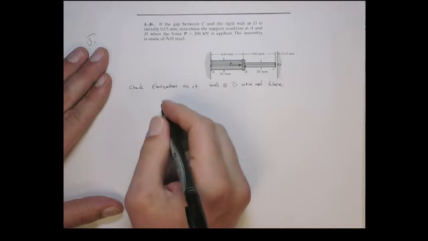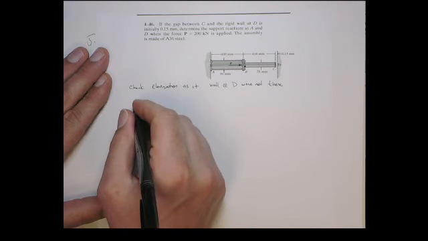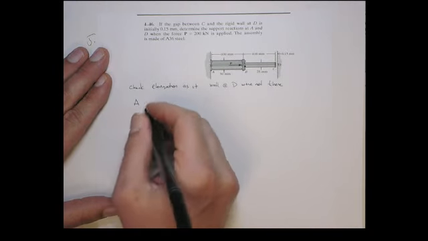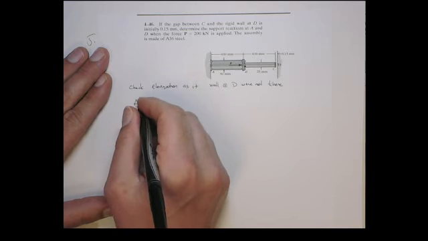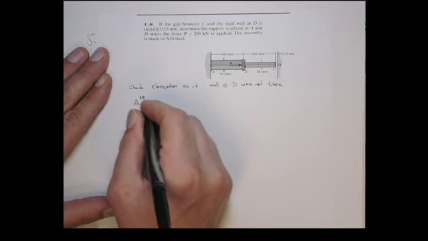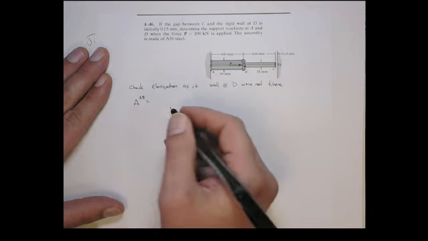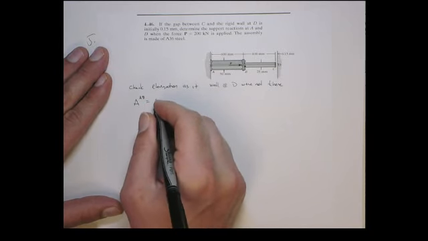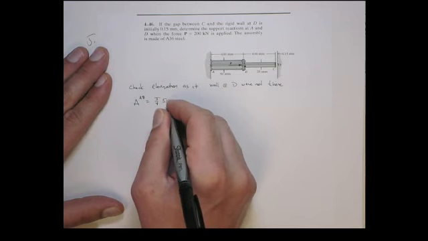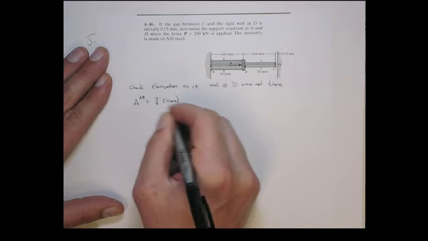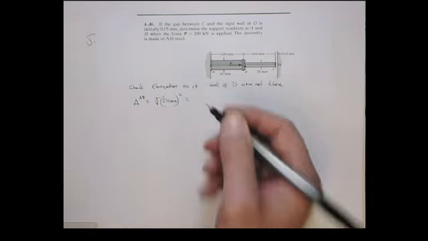So let's get the cross-sectional areas of the sections first. The area of the section from A to B is pi on 4 times 50 millimeters squared.